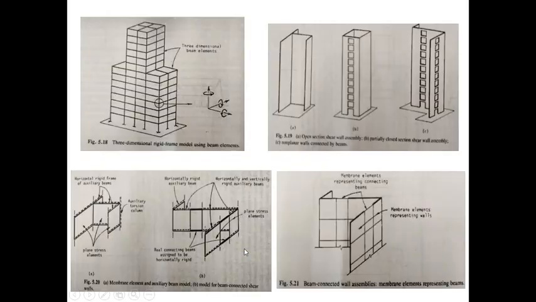I'll show you in the second figure: this is an open section shear wall, or it may be a partially closed shear wall assembly with openings provided, or a non-planar wall connected by beams.